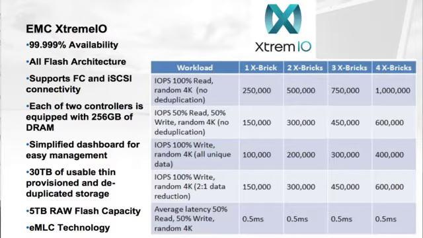So between Composer and the inline deduplication, we've seen environments with 20, 30, 40 to 1 deduplication ratios, and they recently added compression into this as well. So we see significant capacity savings on this platform.